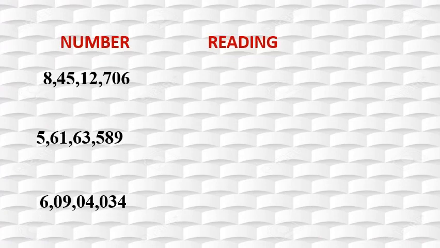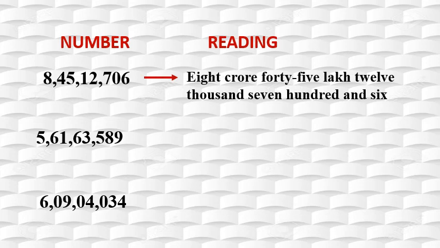Now we will see how to read this. See, dear students, again the comma helps us to read easily. It is an 8-digit number. Now here we will read this. 8 crore 45 lakh 12,706. Can you read the second one?